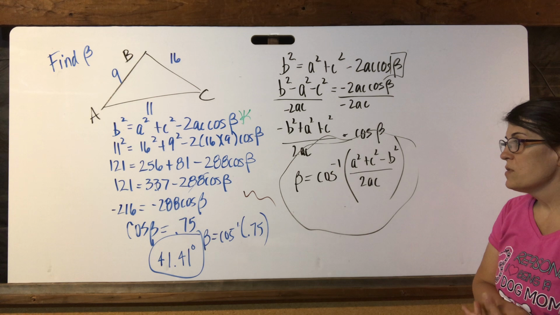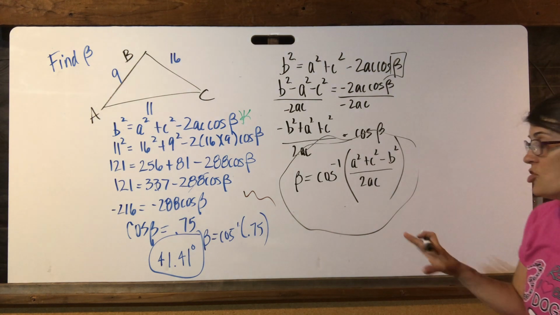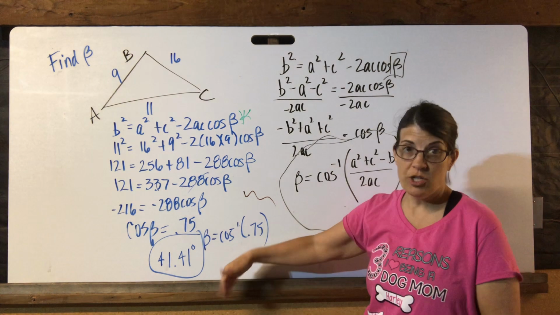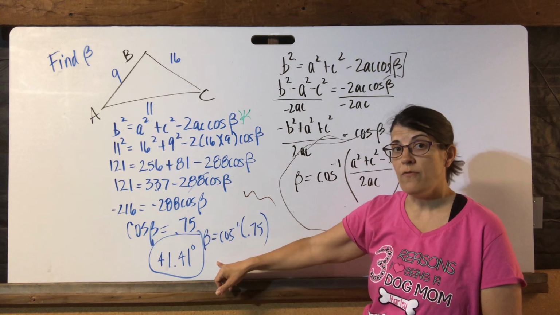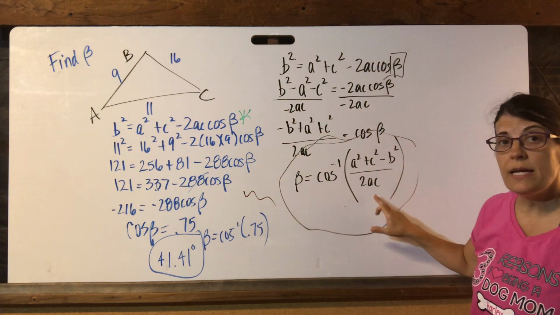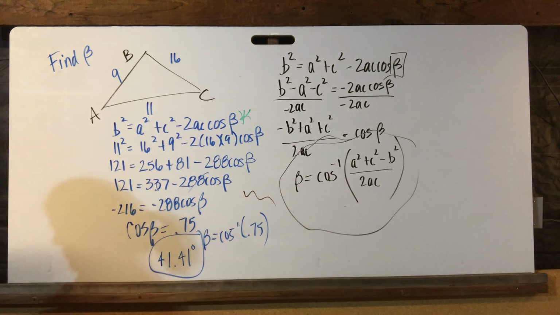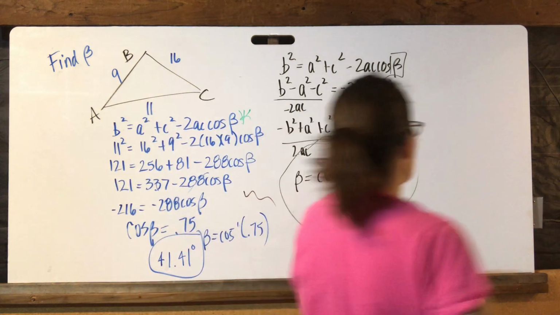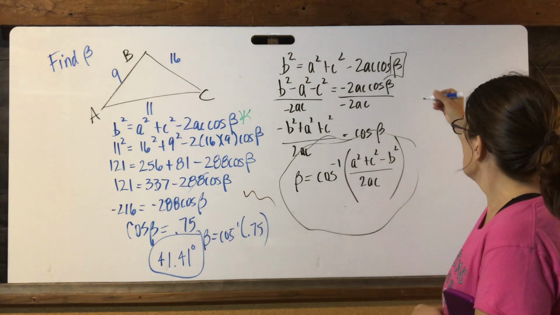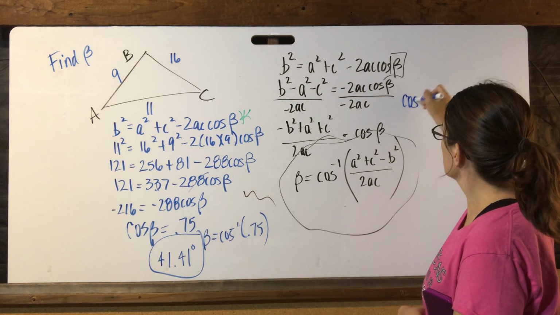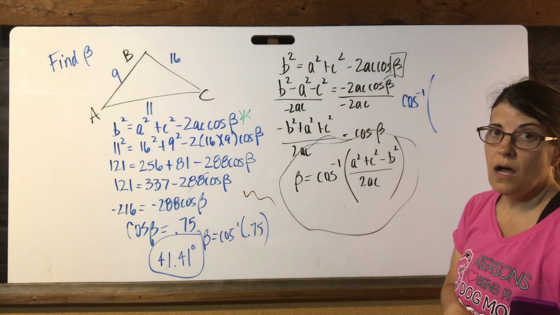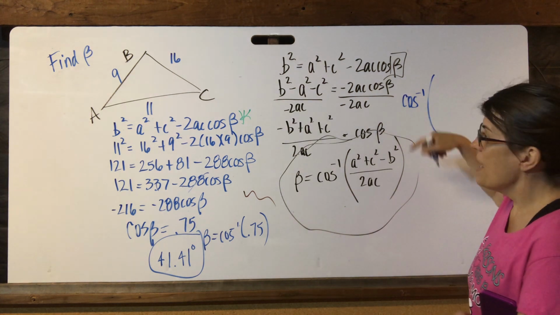Okay, so what you need to do right now is check. Let's check to make sure I didn't make a mistake, that it's 41.41 degrees, and let's plug in to practice using this new formula. On my calculator, I'm going to do the inverse cosine of a squared.